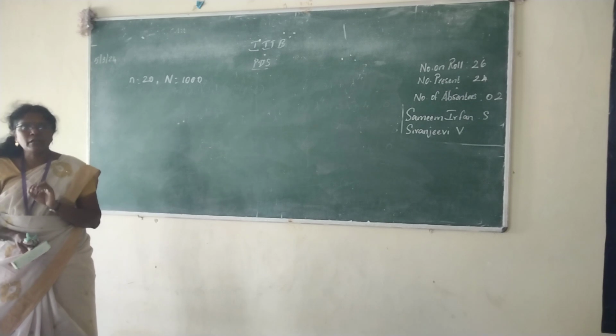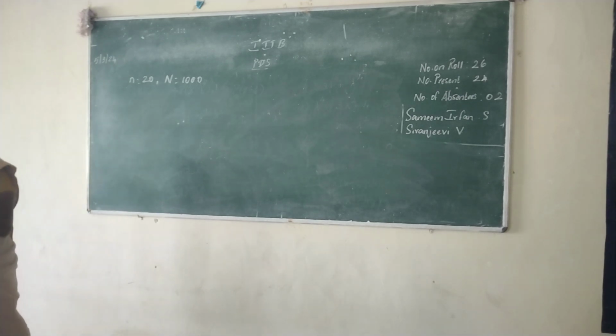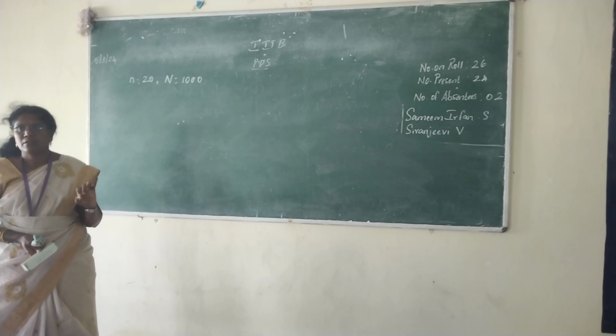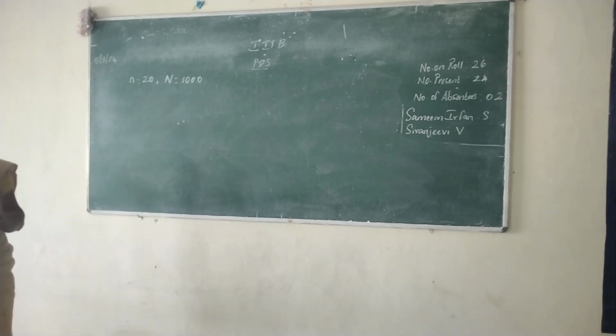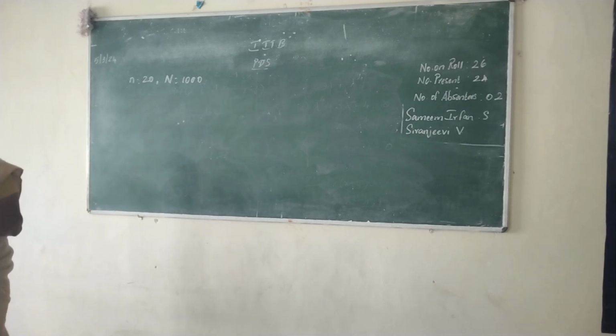Now corresponding to x only, fix your p value. X indicates the number of defective items. So what should be p? Probability of defective item or good item?